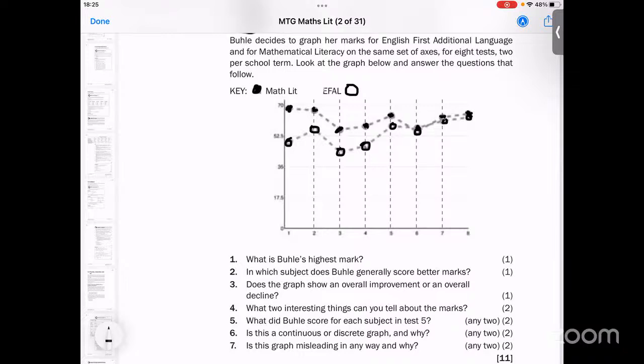So if the graph is trending in an upward direction, I'm pretty much sure that it should be clear as to what we can assume regarding the performance. And if it is generally trending downwards, it means it is approaching zero. So downward trend would be approaching zero, and upward trend would be approaching 100%. I'm pretty much sure that with that said, you can be in a position where you are able to give a response to that question.